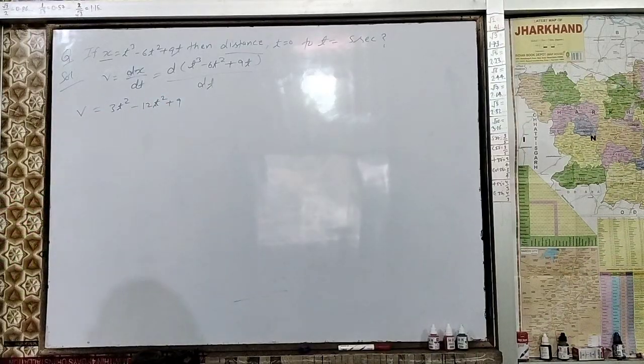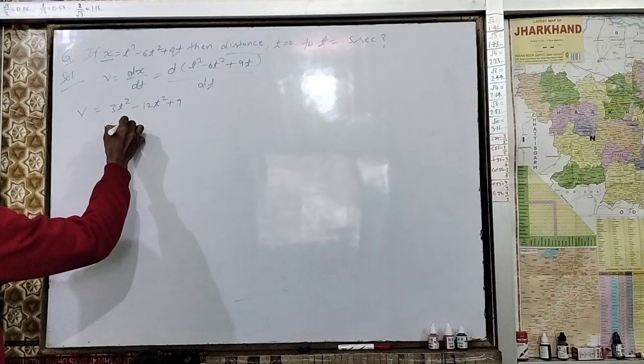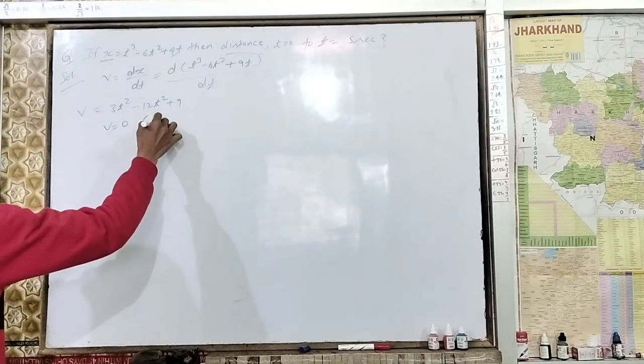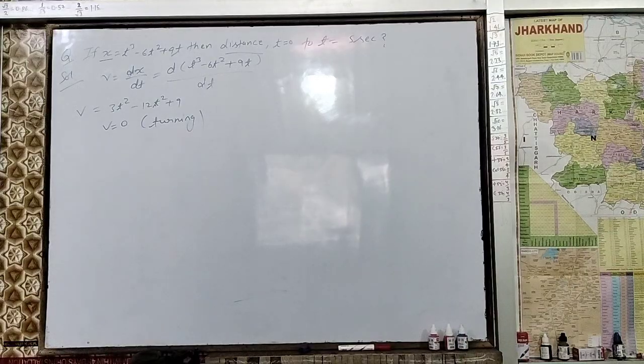This is equal to v. Now over here we are taking v as 0, so that we can find a turning point. Turning point.